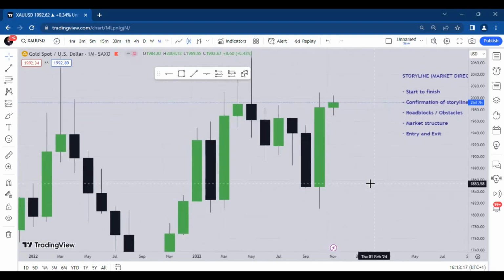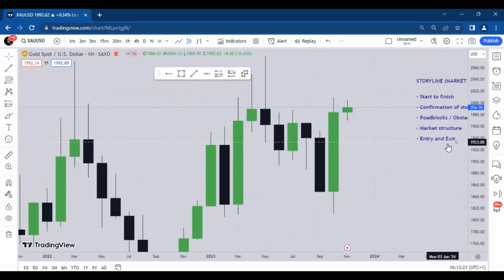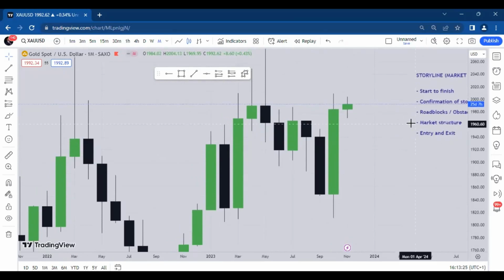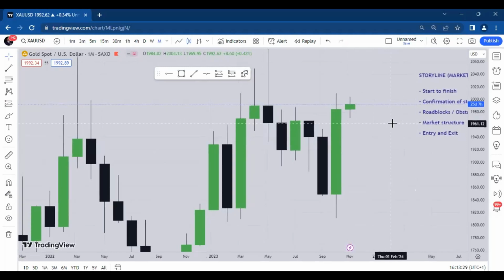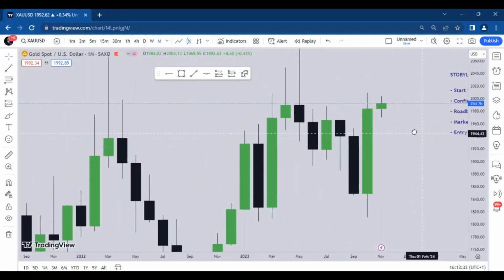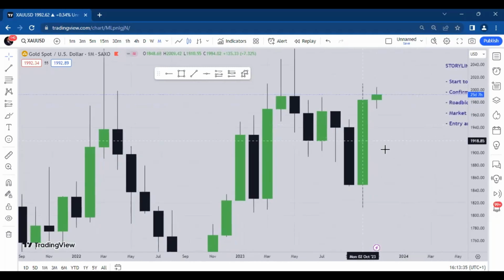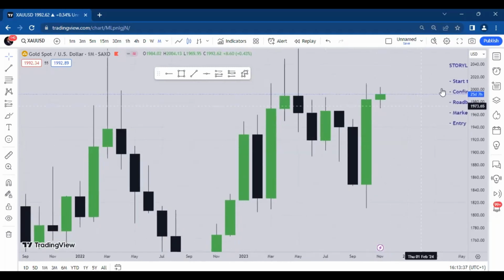So that's what we mean by start to finish. A storyline will always start from a support and end in a resistance, or it will start at a resistance level and end at a support level.